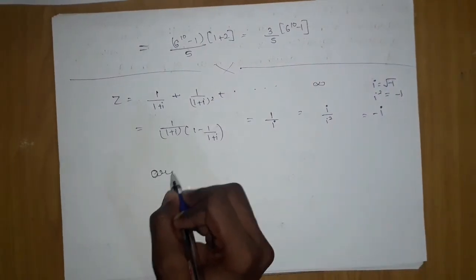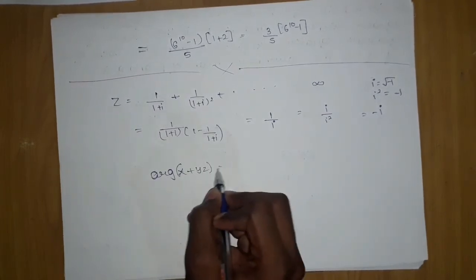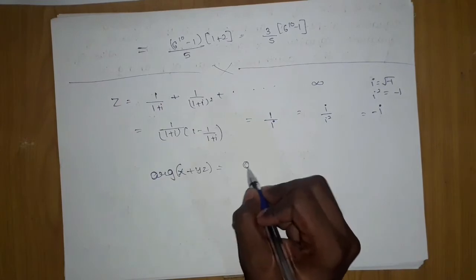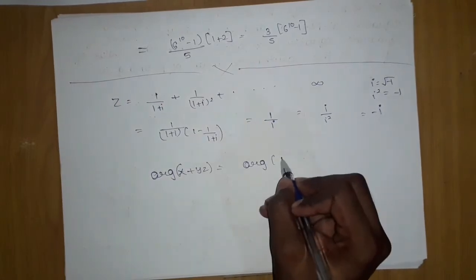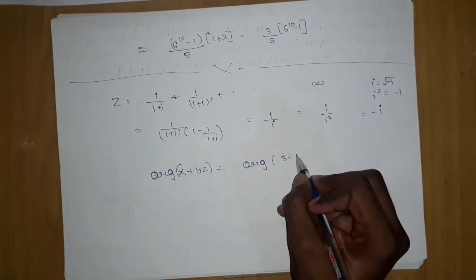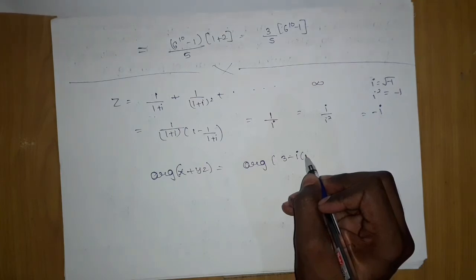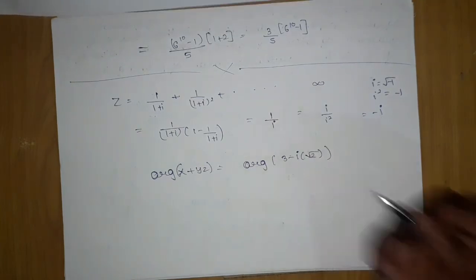Now the argument of x plus y into z is nothing but the argument where x is 3, z is minus iota, and y is under root 2. So we got this.